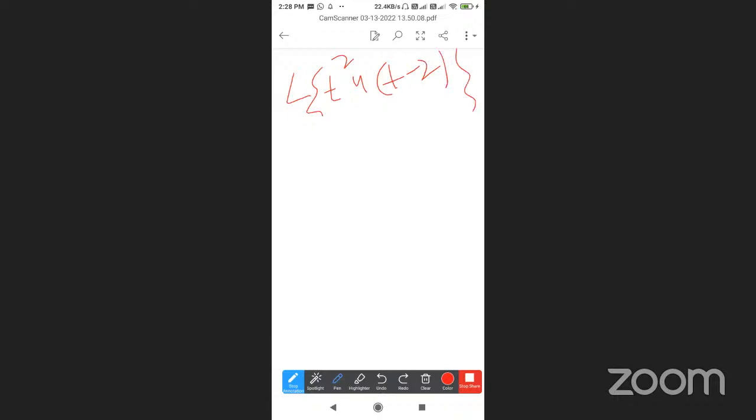We have to apply the formula from the previous part, application part 2: the Laplace transform of f of t into u of t minus c is equal to e power of minus cs into the Laplace transform of f of t plus c.